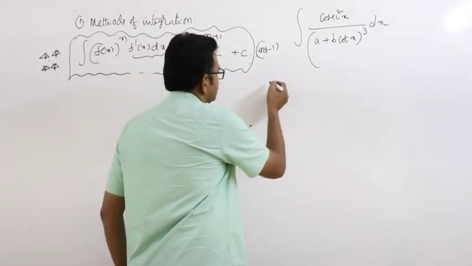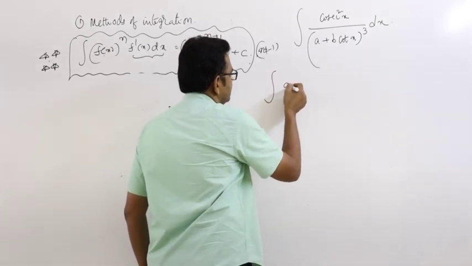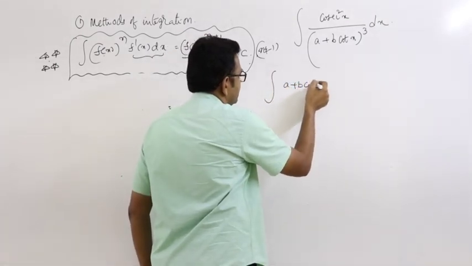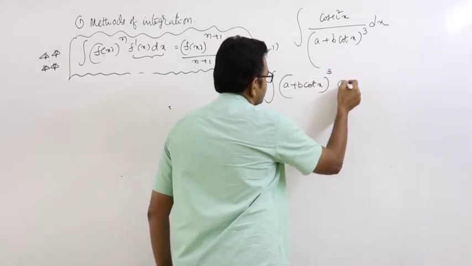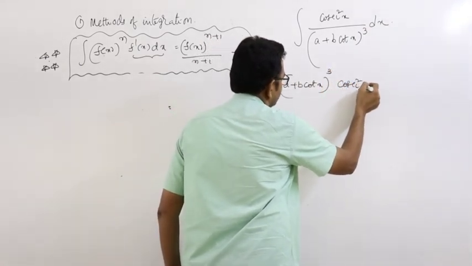So this is integral of a plus b cot x whole cube into cosecant square x dx.